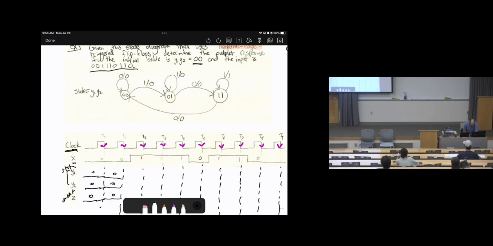Then the next update happens also at 0, 0 here. So we are here at 0. What will happen if the input is 0?